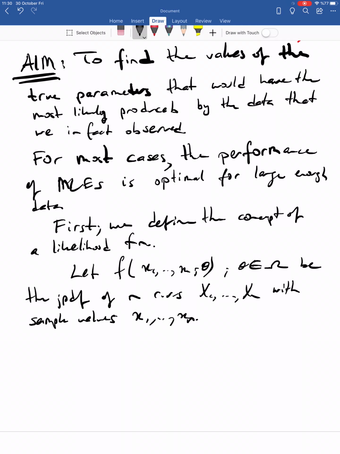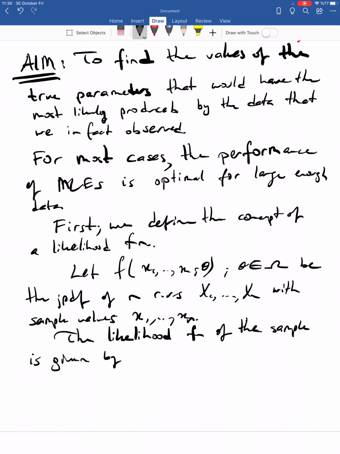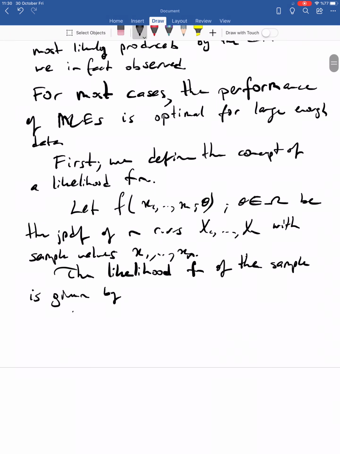Okay, then the likelihood function of the sample is given by this one actually. Likelihood function is actually a function of theta, where sample information is given to us.